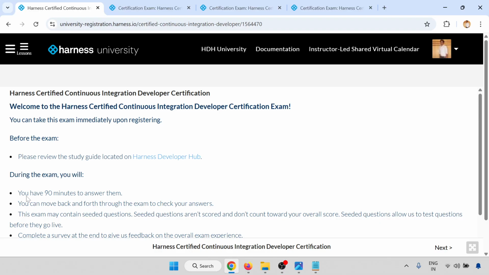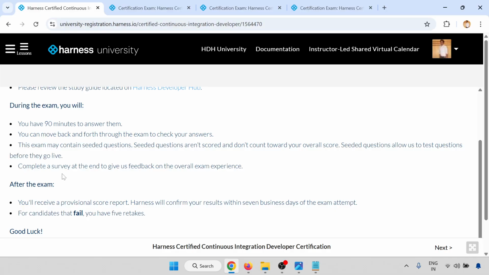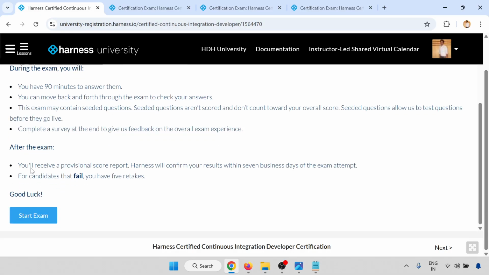Go through that. You will have 90 minutes to answer the questions during the exam. After the exam, if you receive a provisional scorecard, Harness will confirm the result within 7 business days of the exam attempt. For candidates that fail, you have 5 retakes. So you can get 5 retakes, and you can start the exam.